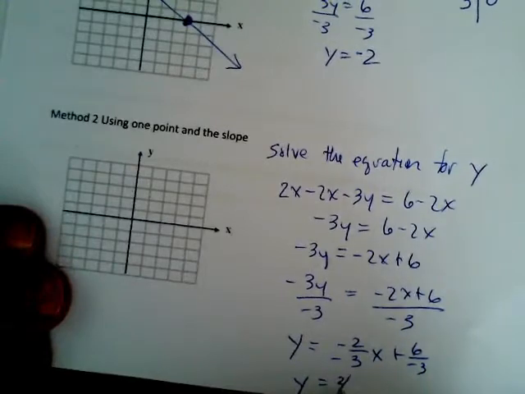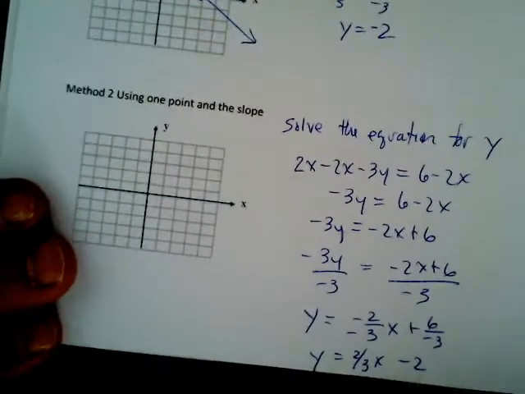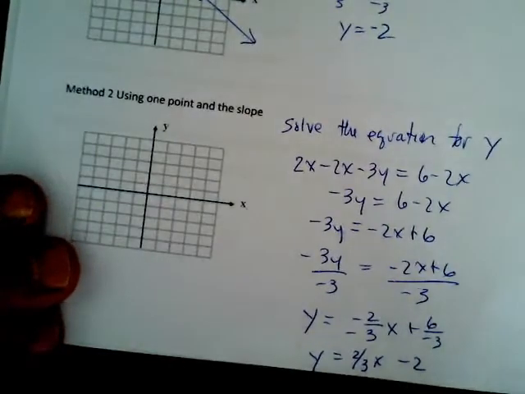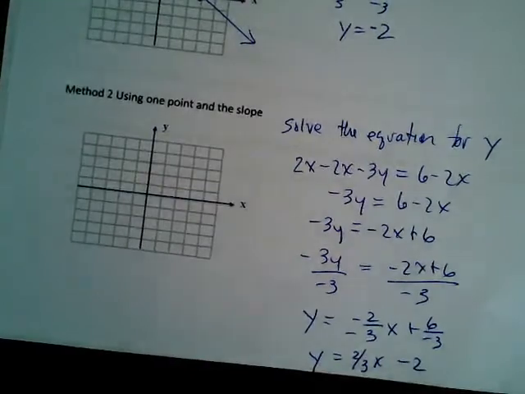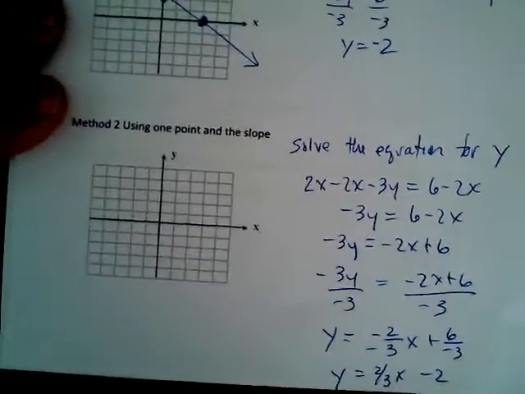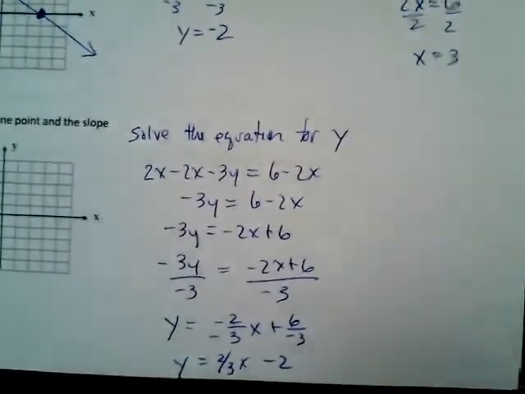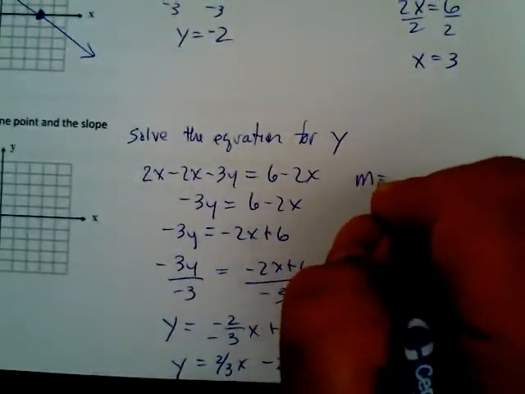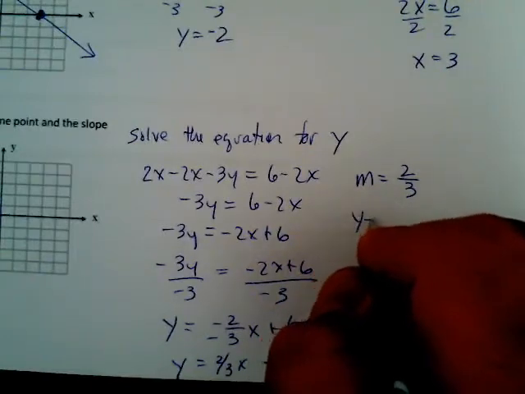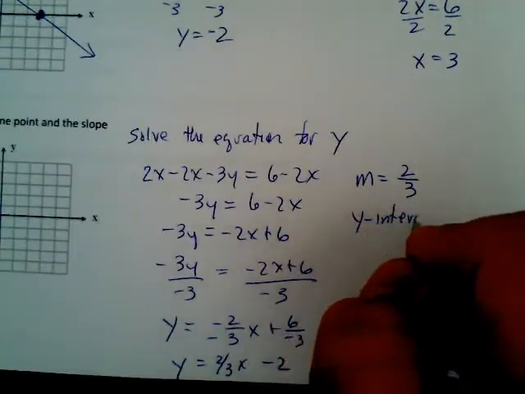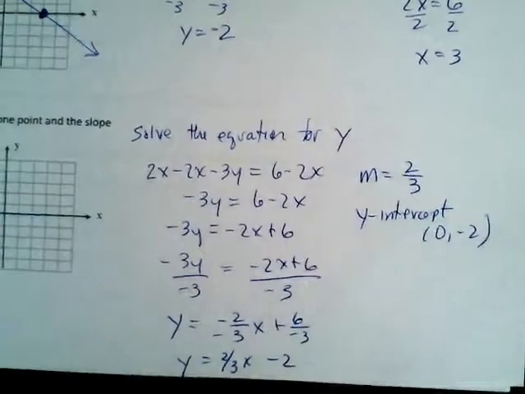Simplify to get 2/3 x minus 2. Okay, you just have to watch your signs. All right, so given that, I know my slope is 2/3. I know my y-intercept is 0, -2.